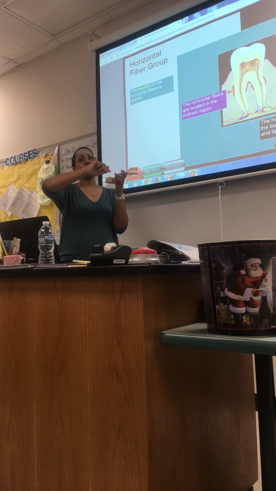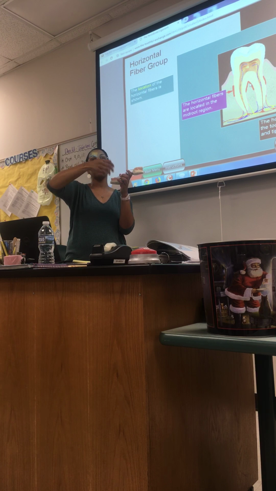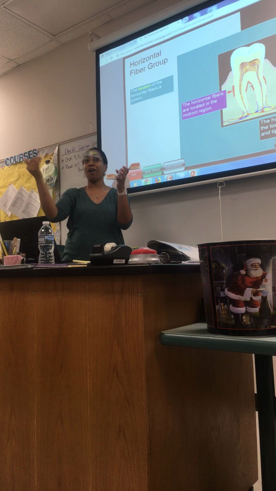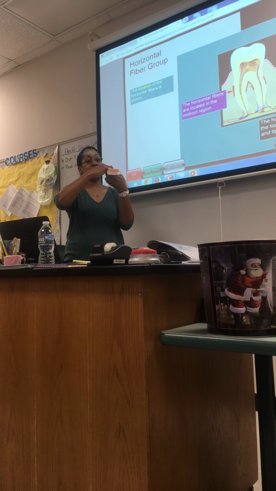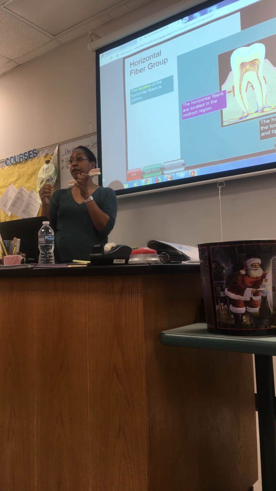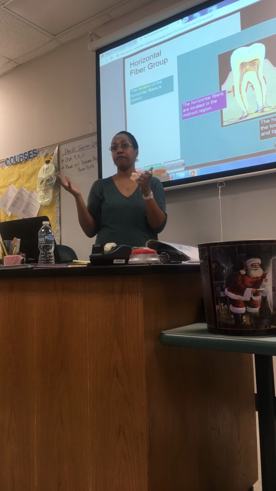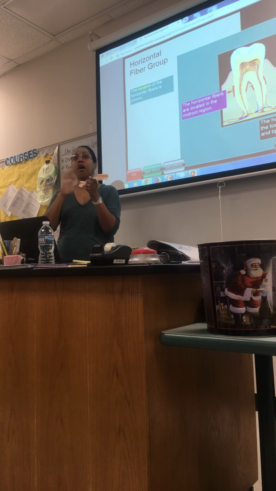So you're going to use your 11-12 and go in there to see if you can actually go through. If you're able to go through partly and you're getting stuck, then it's a certain classification. If you're going all the way through, and you can see it, if you can look through there and say, oh, yeah, I can see the calculus, then that's a whole different degree of furcation. But just remember that those horizontal fibers in that furcation are gone.